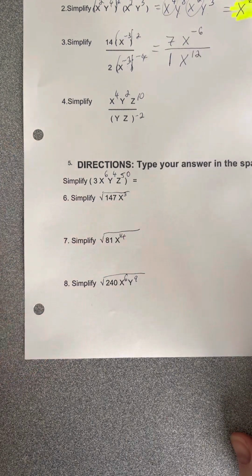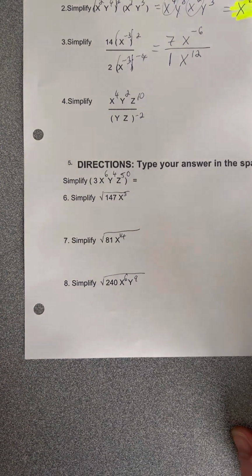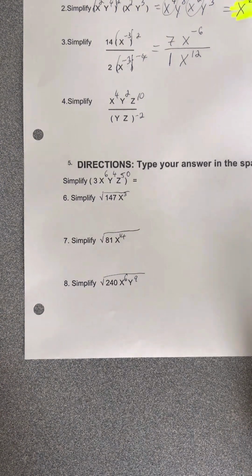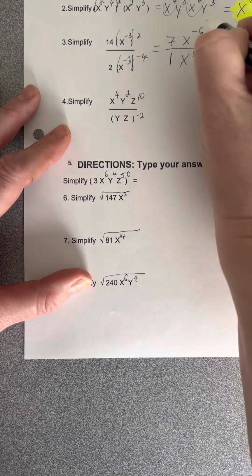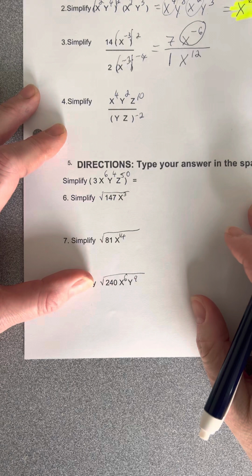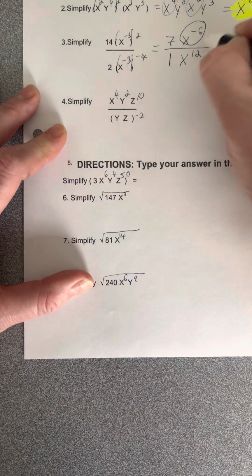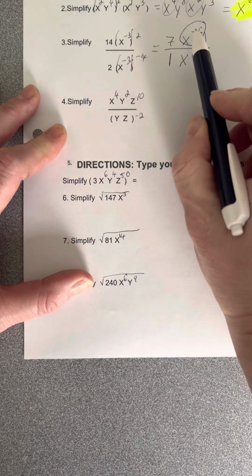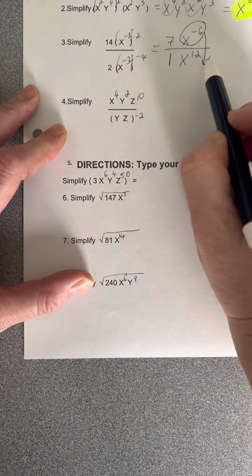Now, in math and in technicality, we do not want any negatives anywhere. So to change this x to the negative 6 to a positive number, we would move this whole entity down. And that will take care of that negative. Our 6 will become positive.